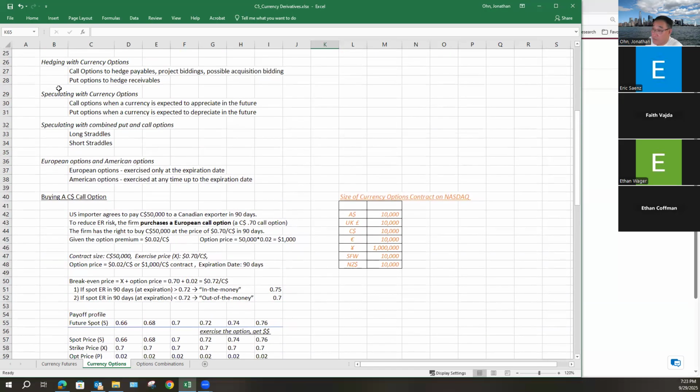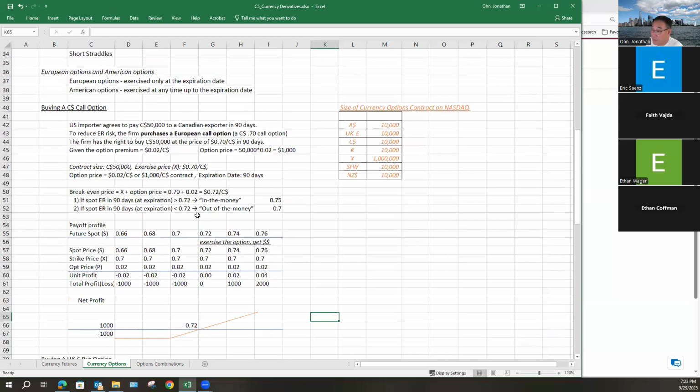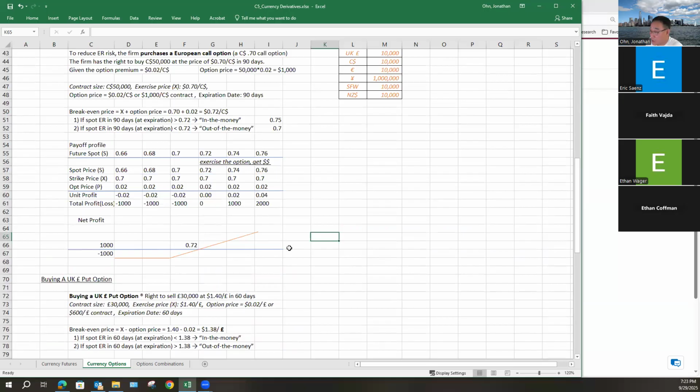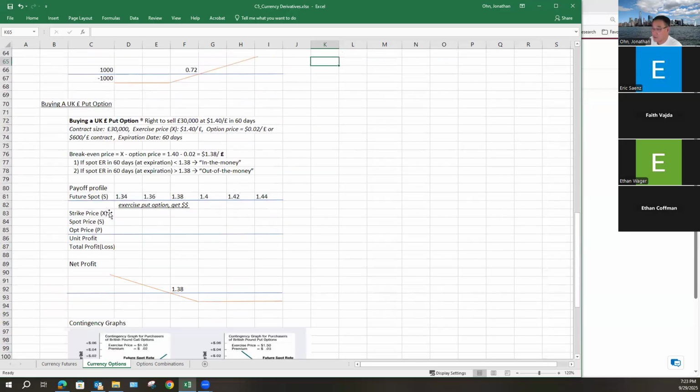But speculating, investment profit, is achieved in here when the Canadian dollar moves in a favorable direction. Favorable movement, you enjoy profit. Unfavorable movement, you are protected. That's the beauty of call options. Okay.